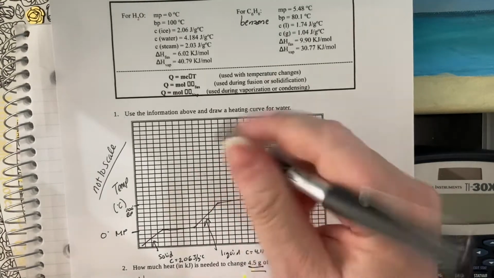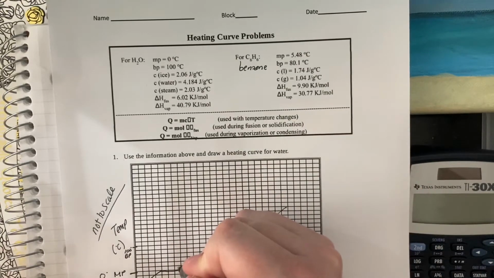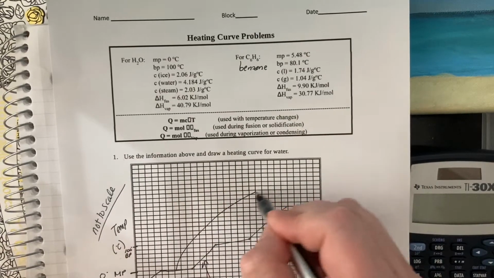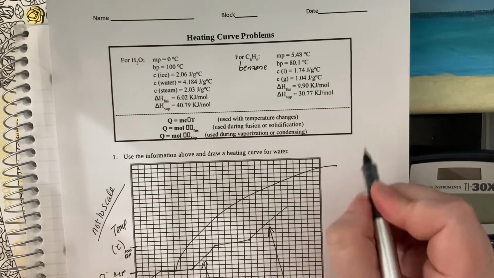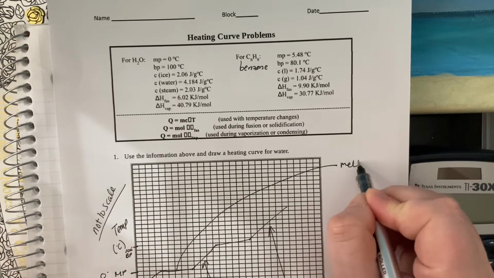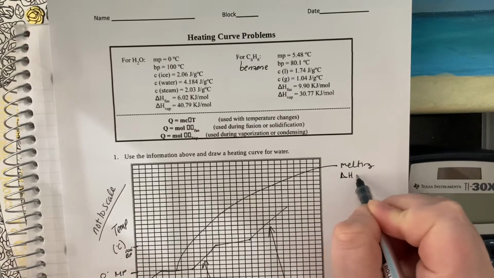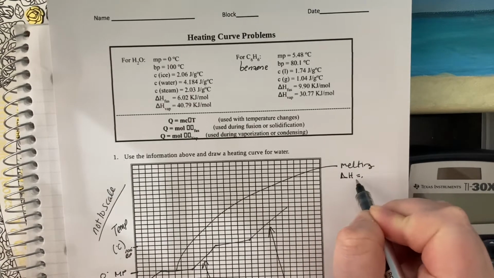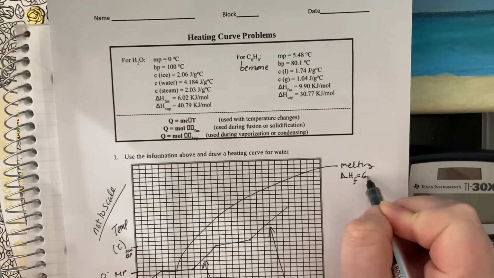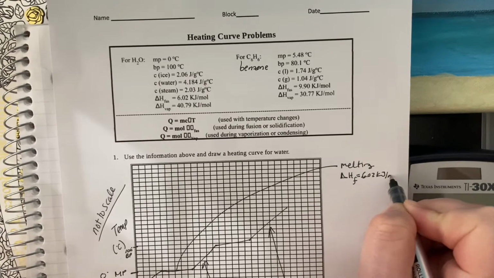And then our flat lines here are when we're actually going to have those phase changes. So this first one is when we are melting, and we are going to use the delta H, or the change in enthalpy of fusion, which is 6.02 kilojoules per mole.